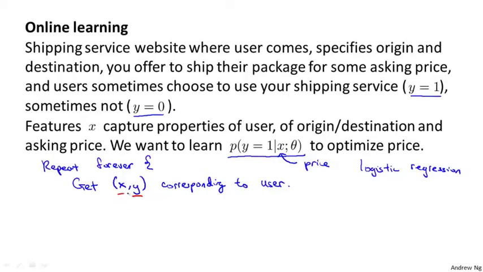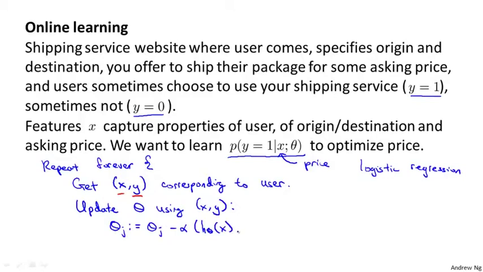Now, once we get this x, y pair, what an online learning algorithm does is then update the parameters theta using just this example x, y. In particular, we will update my parameters theta j as theta j minus the learning rate alpha times my usual gradient descent rule for logistic regression.